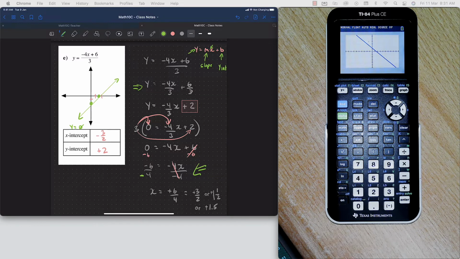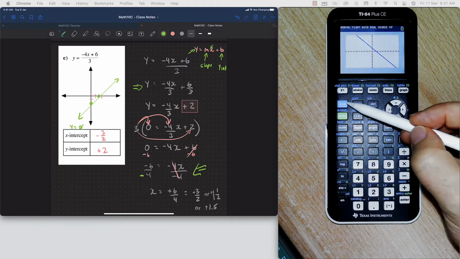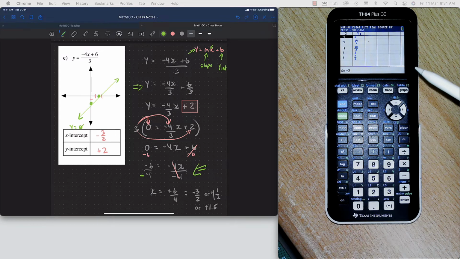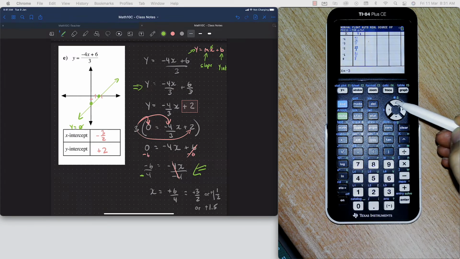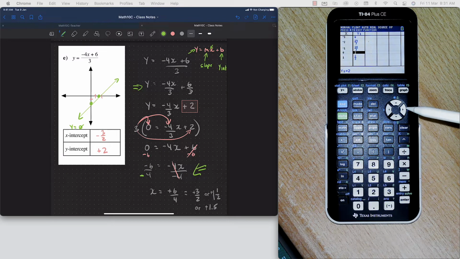Okay, now remember, we can also go to the table, and if I scroll down the table until I find 0, I can see that there is my Y-intercept, positive 2, so that's being verified.